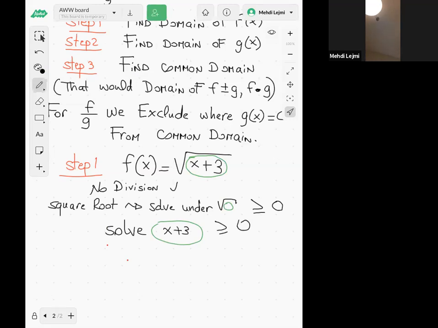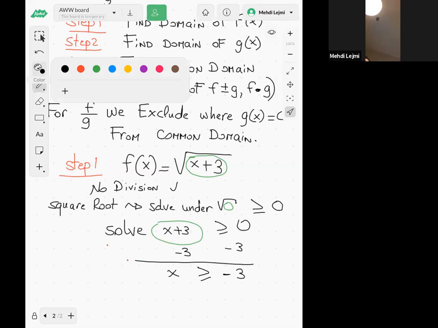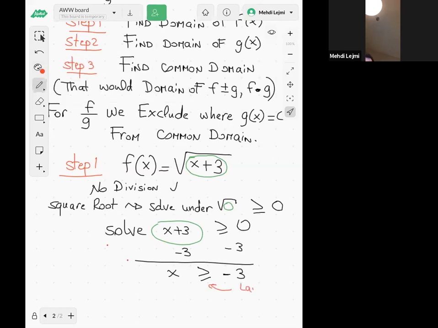We just subtract 3 from both sides. So then x is larger or equal to negative 3. Again, this is larger or equal.